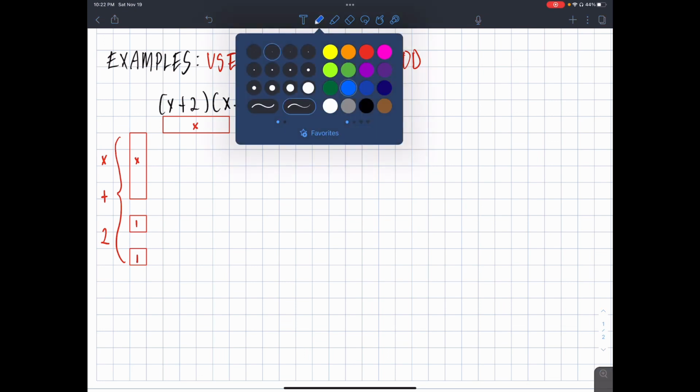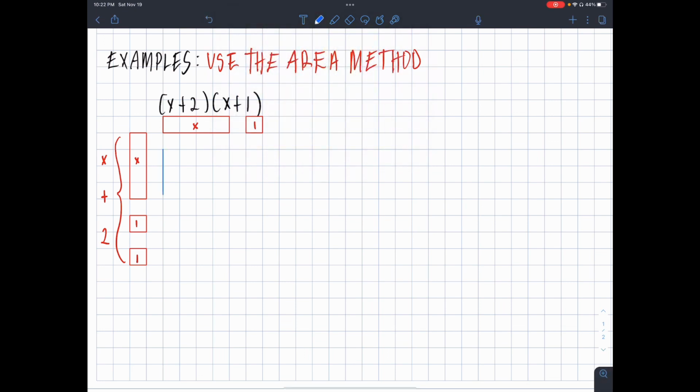And now what we're going to do is we're going to multiply these. So as you notice right here, when we're drawing our boxes, when we multiply x and x, because that's what we have to do first, x times x, it's x squared. And now we're going to have to multiply x and 1. X right here, 1 right here, which is just x.